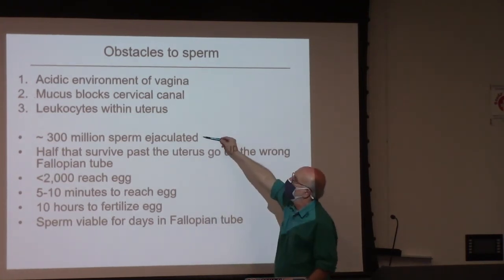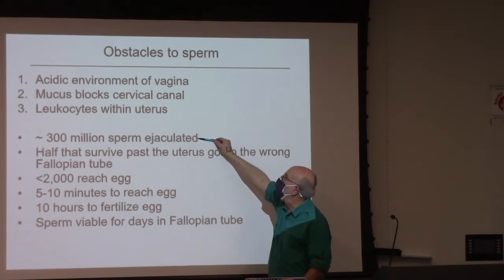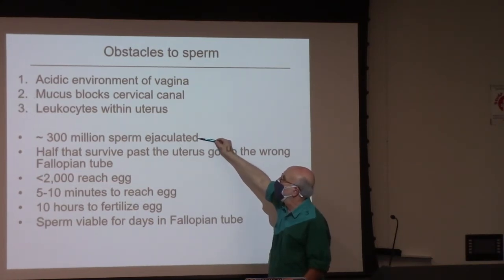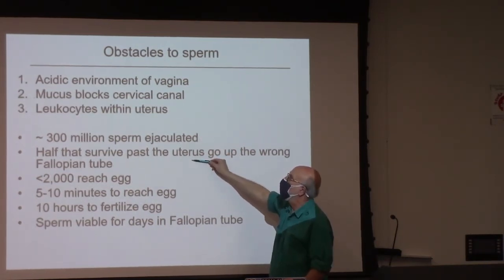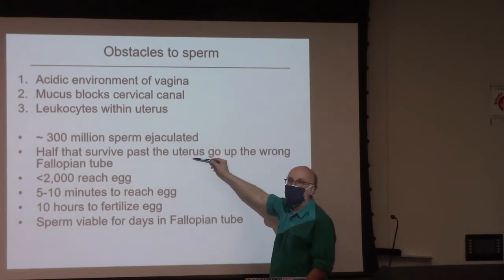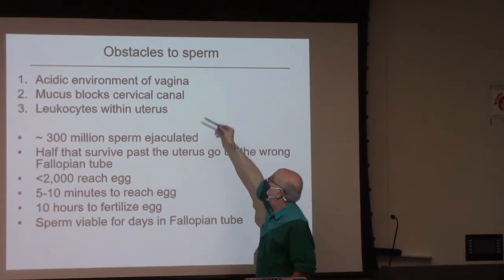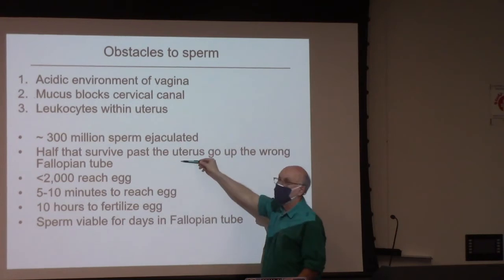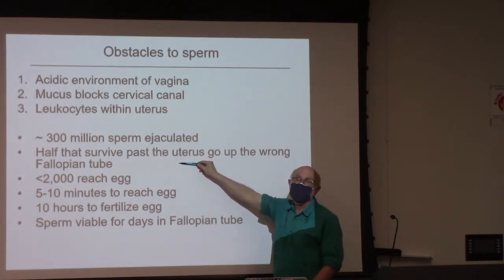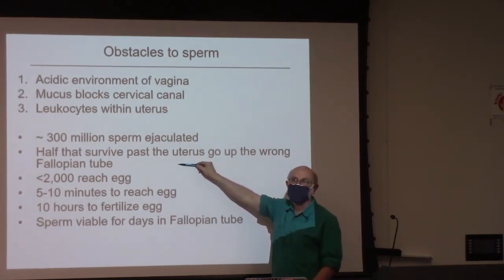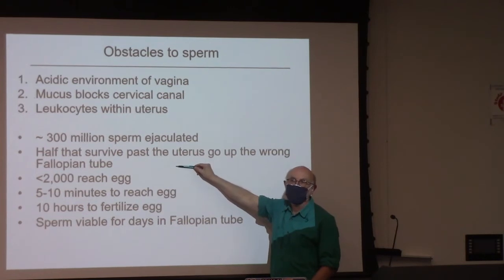So 300 million sperm are ejaculated. Half of them go up the wrong fallopian tube, so some of them don't make it. The ones that do make it, half of them go up the wrong way, right? They don't know any better.